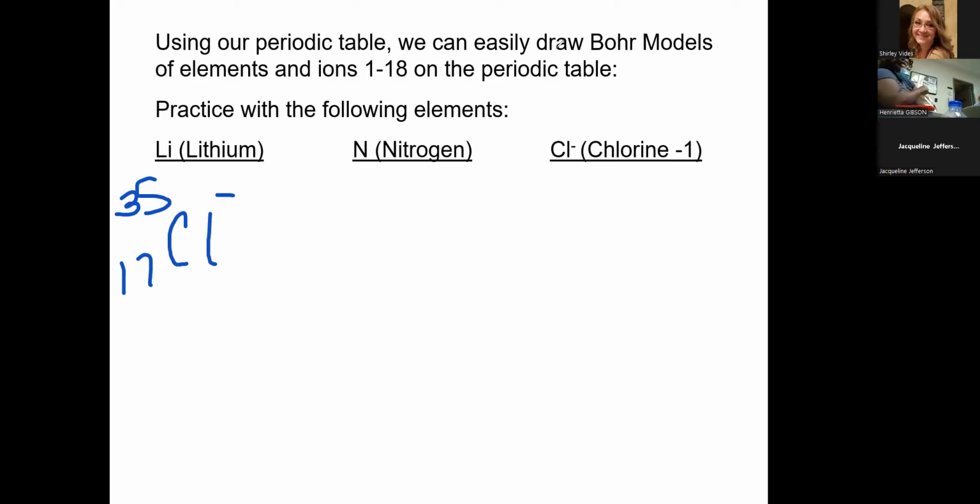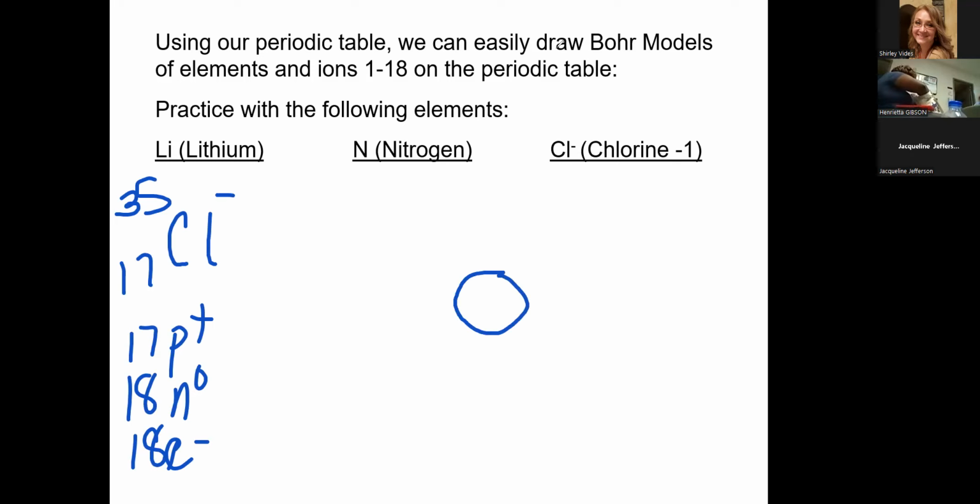So in this case, we're going to have 17 protons, 18 neutrons, and 18 electrons, because the charge is telling me we gained 1 electron. So we need to now make this 17 here. This is our nucleus, 17 protons and 18 neutrons.